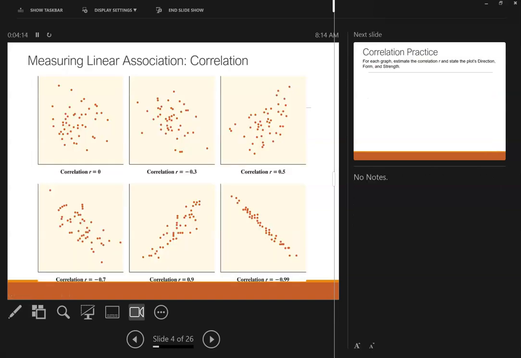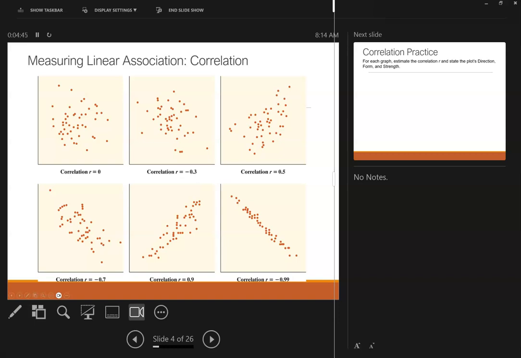All right. So what I want to do here is just give you a little bit of a visual of some scatter plots and their respective R values to give you a visual to go with the number. So this is an R of approximately 0. Notice no pattern that we can see. If I look at the next one, the R value is -0.3.